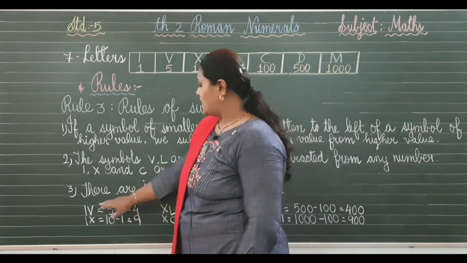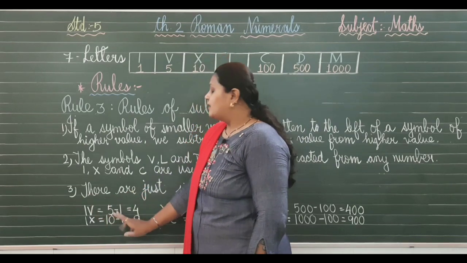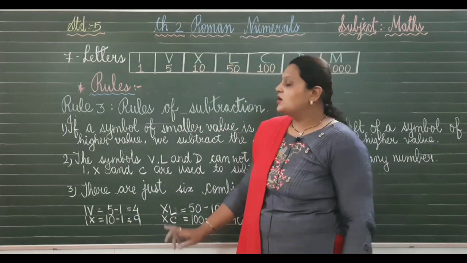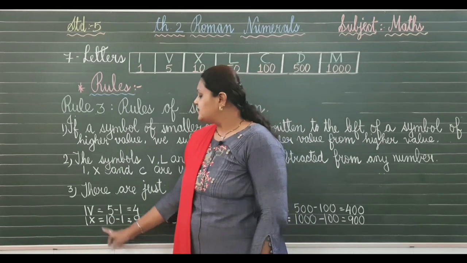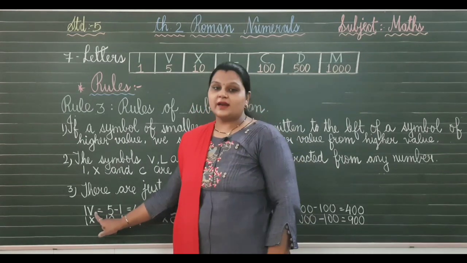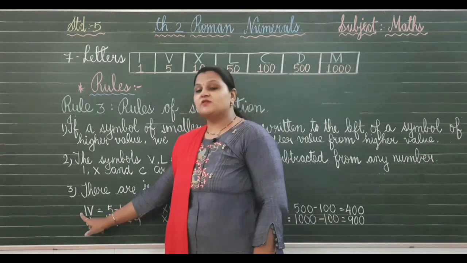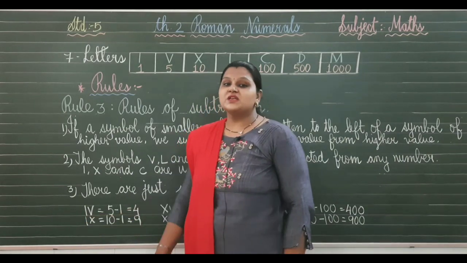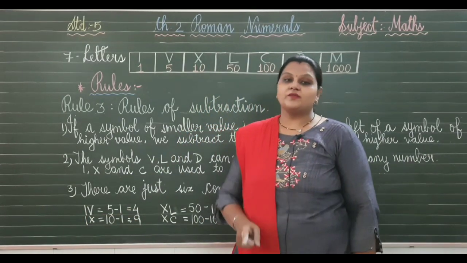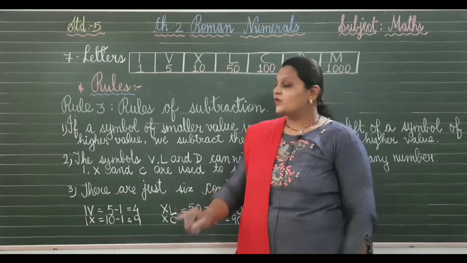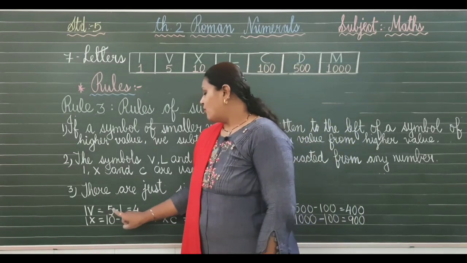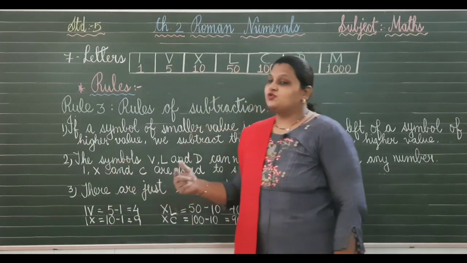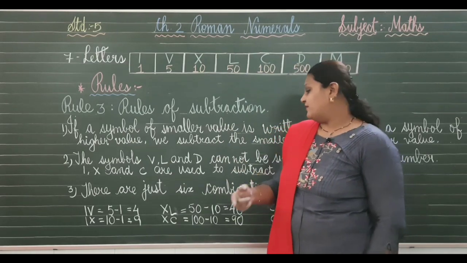First combination IV. Now here we have to understand that V stands for greater value, I stands for smaller value, which is left side of the greater value. So 5 minus 1, we have to do subtraction when it is given left hand side.